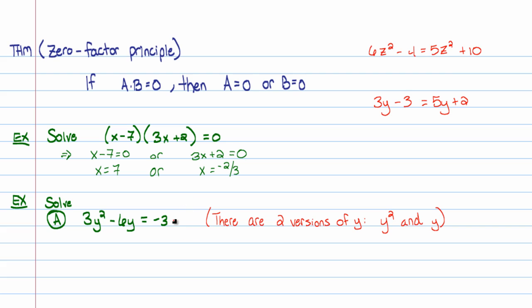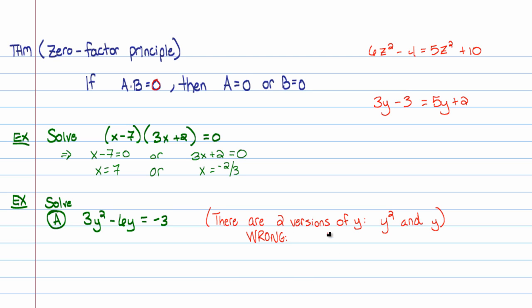Now, one thing I have to tell you, the zero-factor principle or zero-factor property says that you have to have two things multiplying to equal 0, not negative 3. So do not just think you can factor the left-hand side. Let me write this out as a wrong idea.